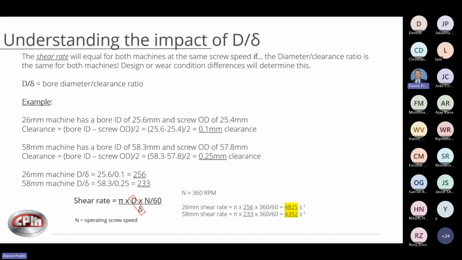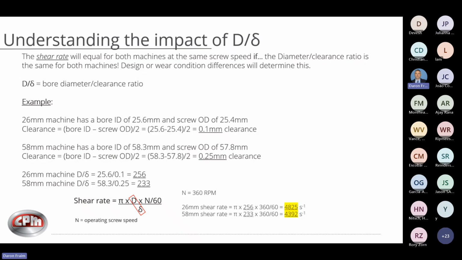And we'll look at another factor here. It's called diameter to clearance ratio. And this is important when we get into talking about wear conditions and the design of the actual machine. Some machines, as you increase machine sizes for different OEMs, whether I move from 26 millimeter, 32, 35, 40, 45 and so forth, the diameter to clearance ratio may not always be exactly perfect.